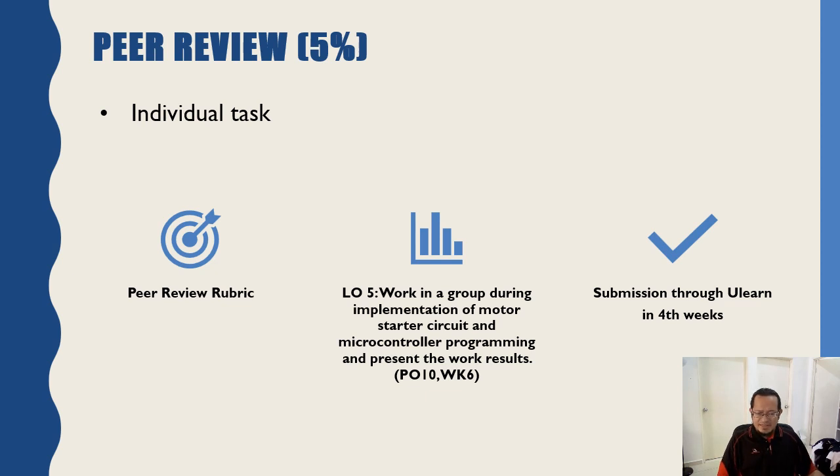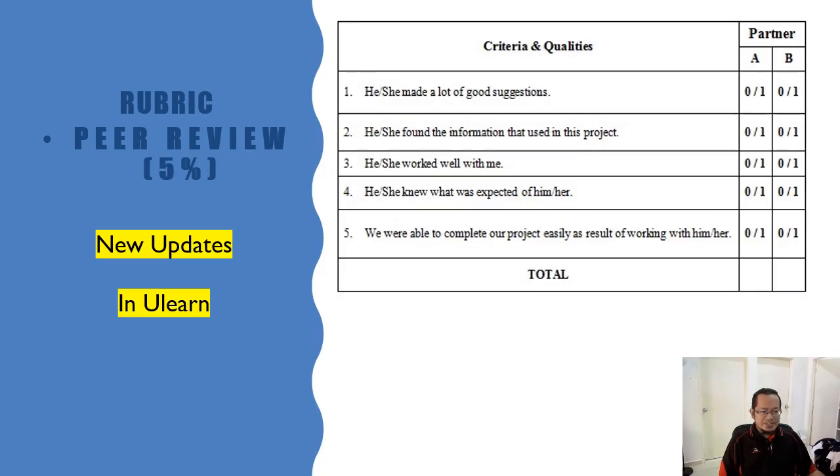And finally, we have to do this peer review of about 5%. This is basically for you to assess your friends or your colleagues. Let's say you have 3 friends, and each one of you will evaluate every one of you. This will be submitted through an online survey in YouLearn in the 4th week. So this is just a few updates on the peer review.